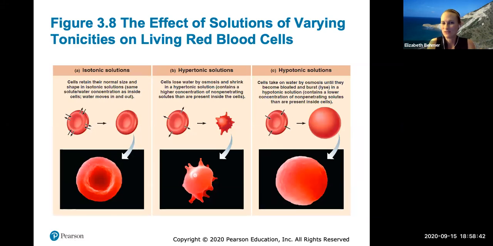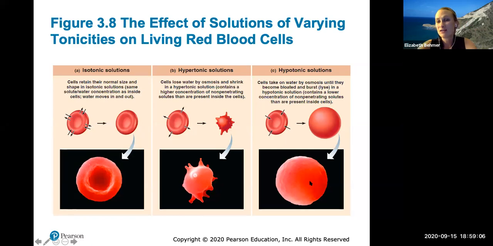Remember, this is a passive transport process, so no energy is required to do this. Water will just naturally flow out of the cell into that highly concentrated hypertonic solution. When that happens, water leaves the cell and it will shrivel up, and we call that crenation. So not good.